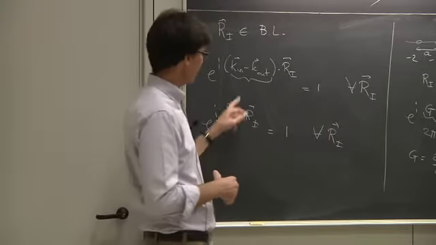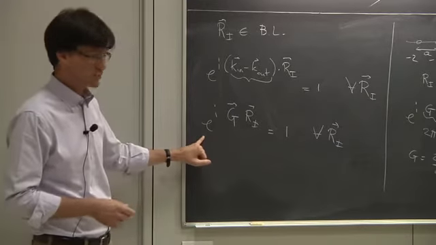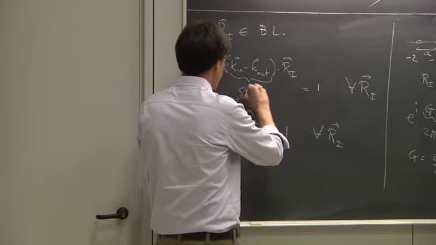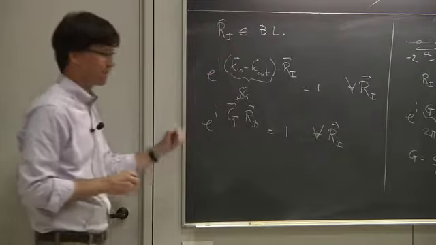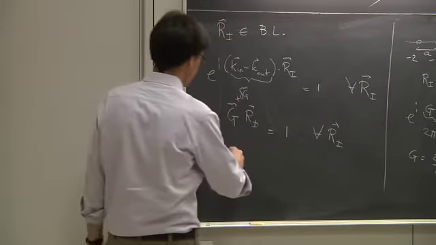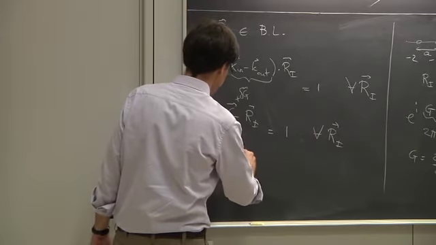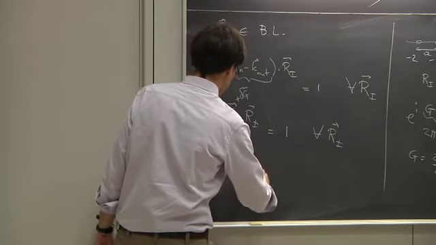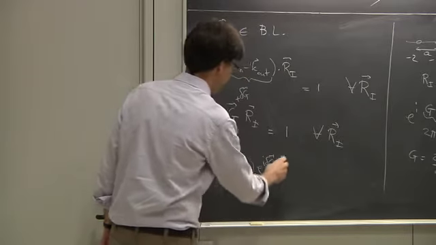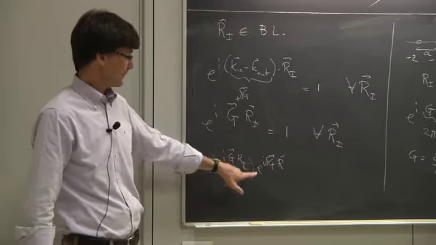It will be like a random distribution, yes. You see it also from here. Suppose that you're able to satisfy this condition. Now, suppose I add an arbitrarily small delta G to this. Then what's going to happen is that I have i times delta G times R. But this delta G here is not going to be something that makes this 1.